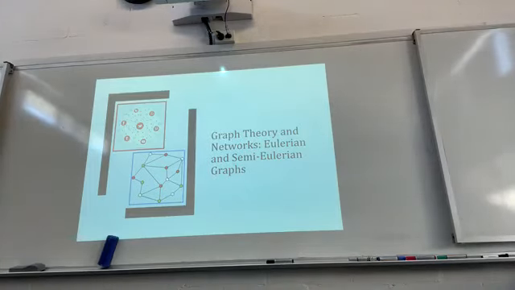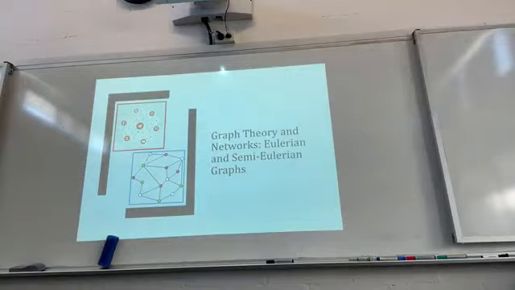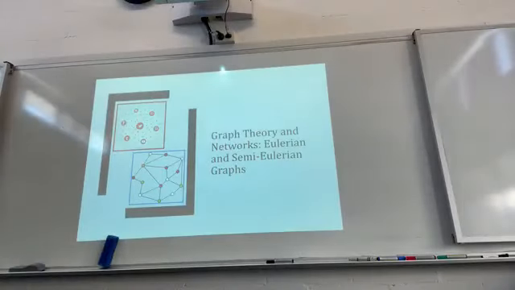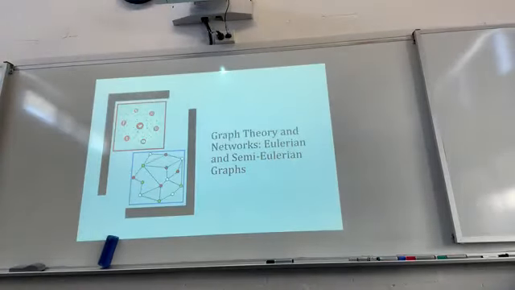So they are related, but what you have to think of is that the Eulerian is actually closed and semi-Eulerian is open. So that's important for you to realize what the difference is.